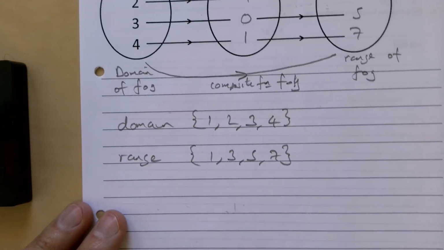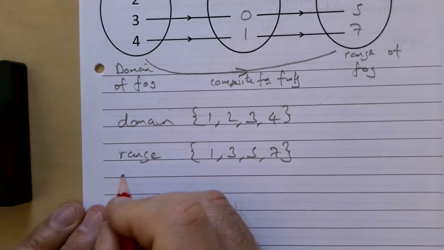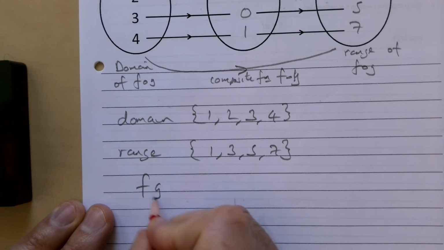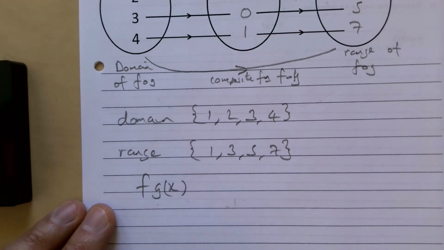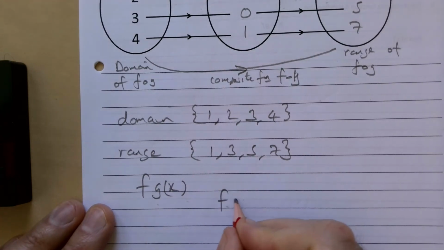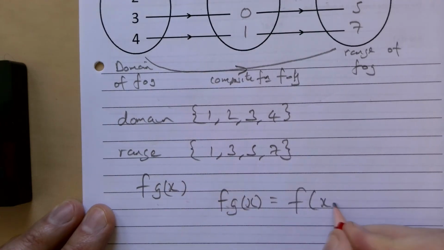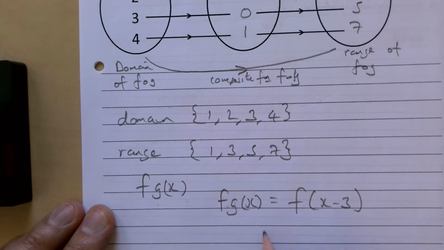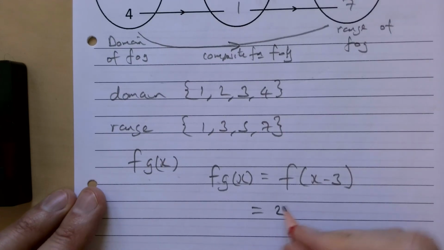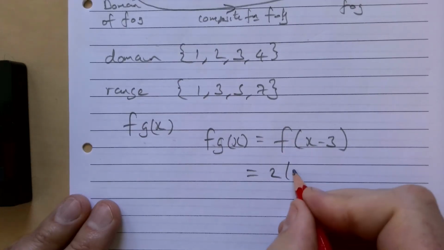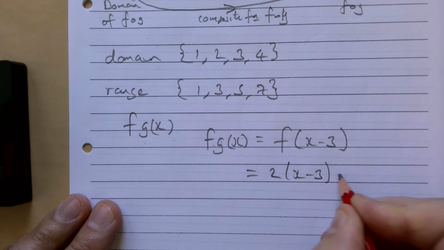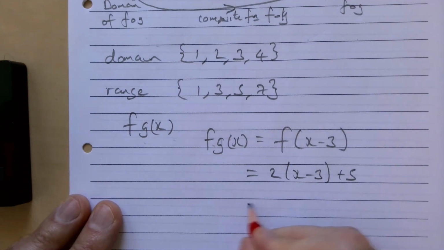And then the rule for this function. So f of g of x, how would we work that out? f of g of x is going to be f of x minus 3. So anytime I see an x in my f function, I exchange it for an x minus 3, so it'll be 2 times x minus 3 plus 5.